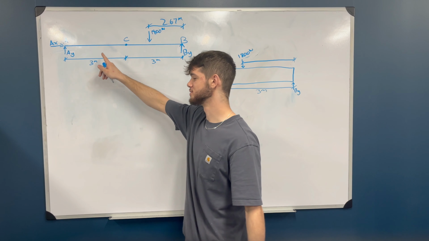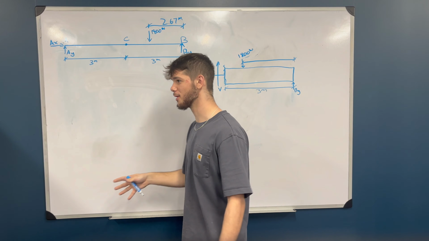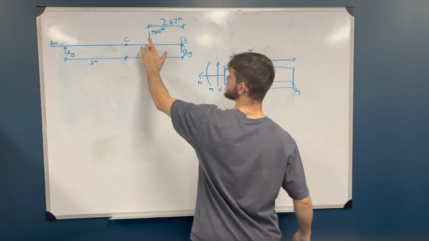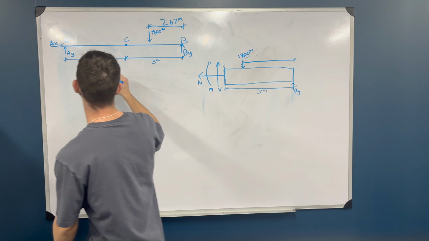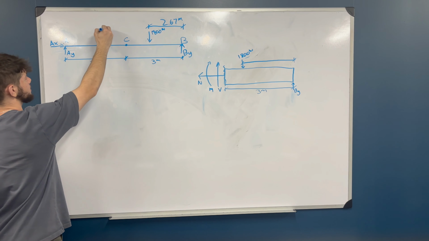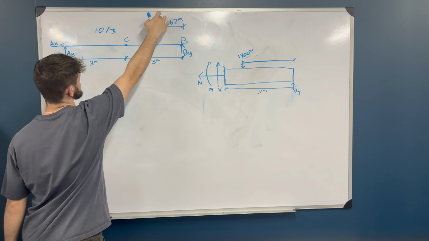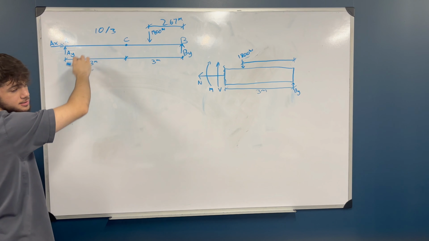Now we draw the free body diagram. From A to this point right here is 10/3, because 6 minus 2.67 is 10/3.